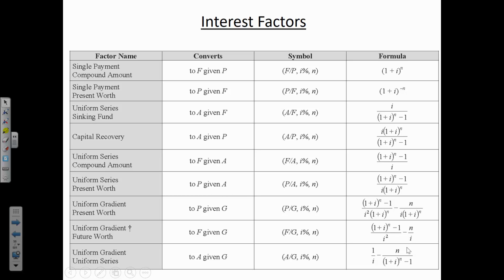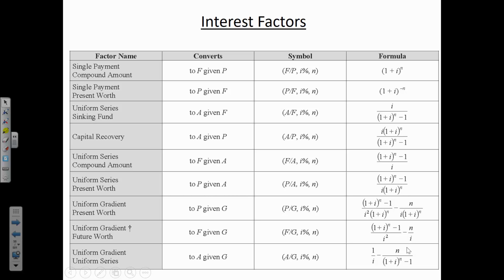But occasionally you'll have a problem with an odd interest rate, like 11.5%, that there's not a table for, and you have to use the equation. Sometimes it'll be for a number of years that doesn't appear on the table. So you kind of need both.